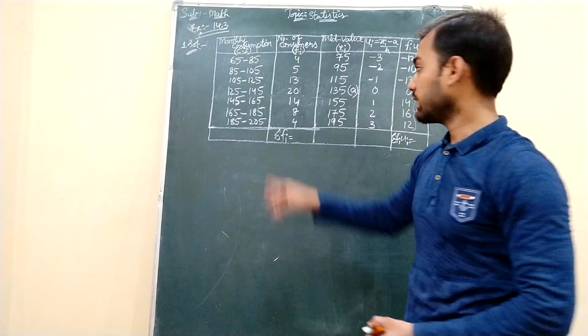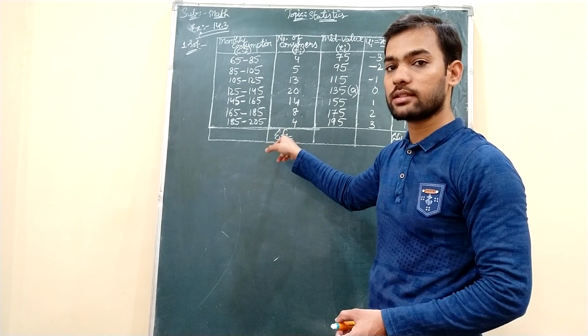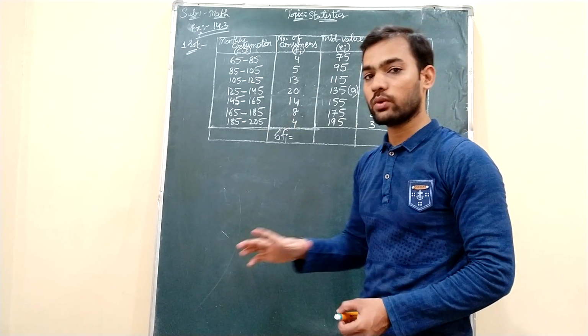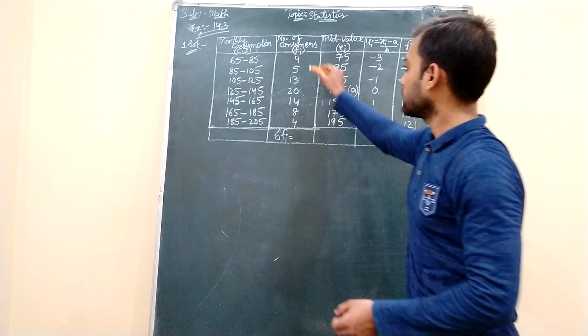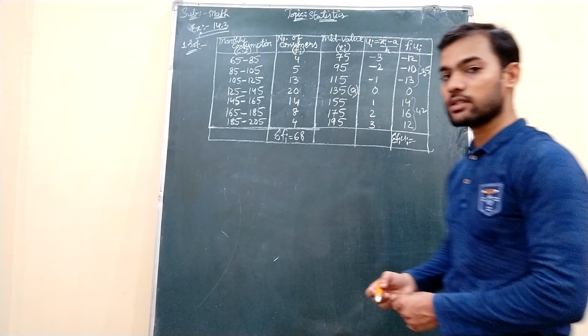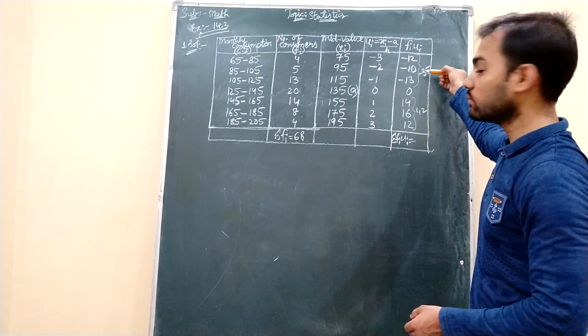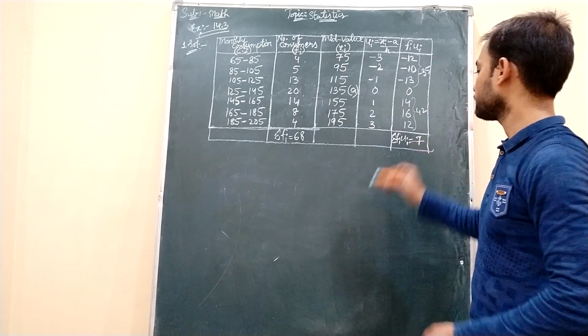Under median, we will take this total as n, number of observations, but here we will take this total as sigma fi, because in the mean formula we don't have any n, we have sigma fi, that is 68, as there are 68 consumers. Now this total is 42 minus 35 is 7.